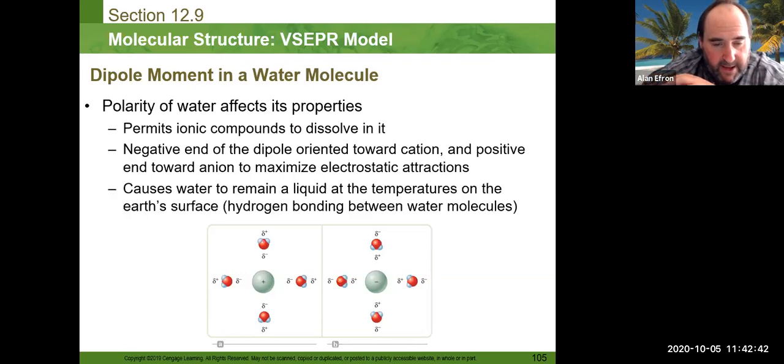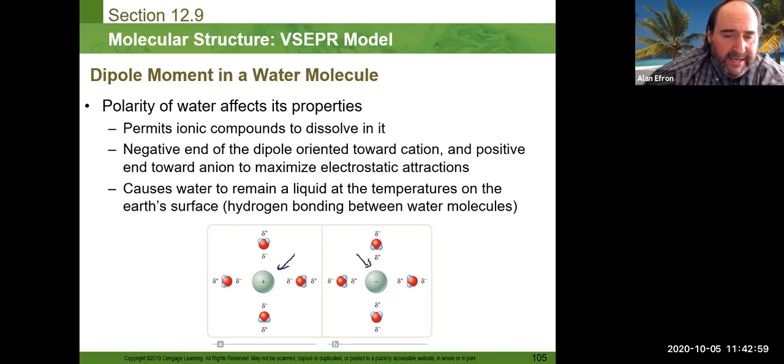As we'll talk about, if something is polar, it affects how it's able to interact with other things. It's able to interact well with ionic compounds, as we can see in these pictures, positive ion, negative ion.